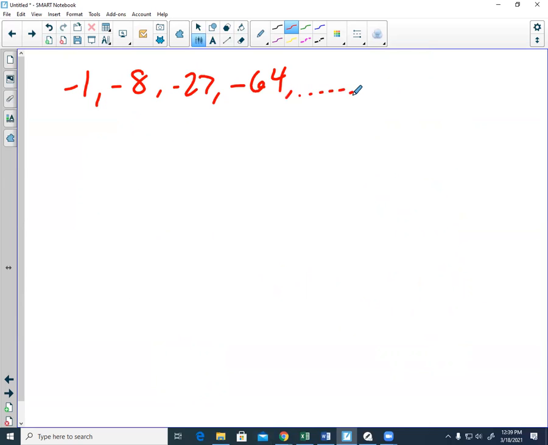I want you to try to find the pattern for that one. And I want you to try and find the pattern for this one. I want you to try to find the pattern for both of these on your own. See if you can figure out what's going on. Some of them are going to be very clear to you. Some of them are not going to be as clear to you. But I want you to just try to see what you can do.